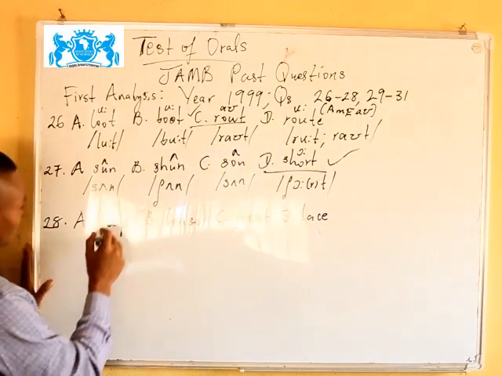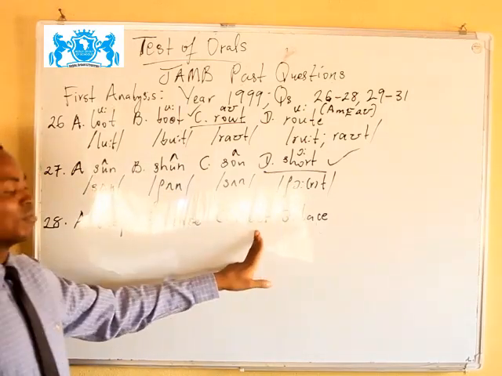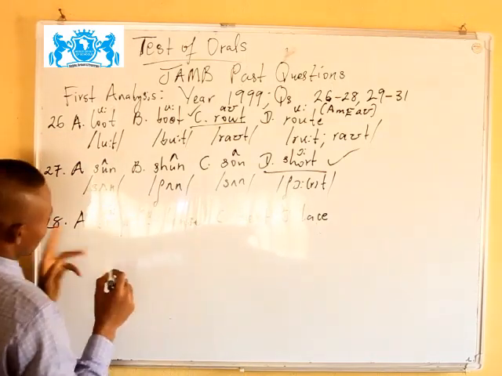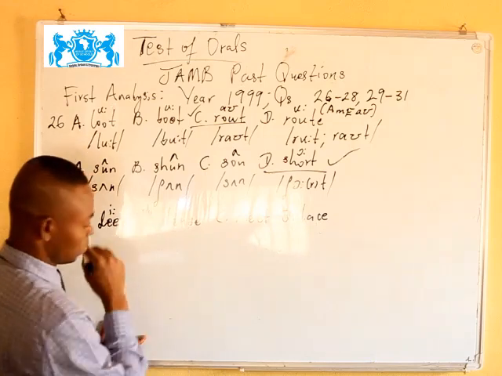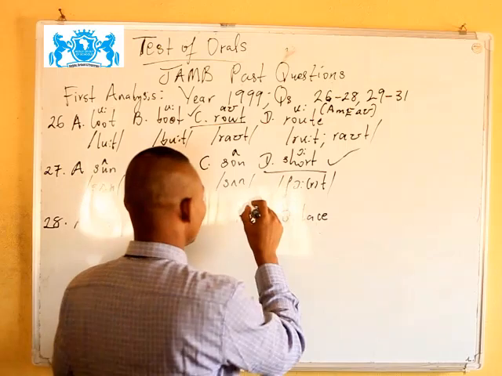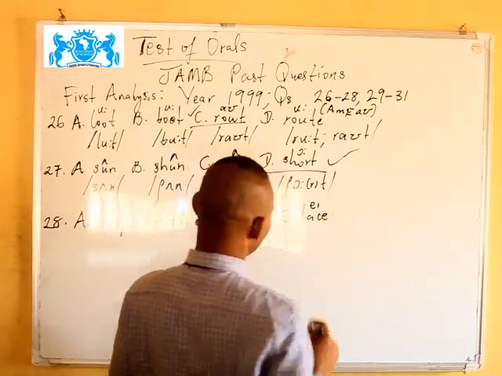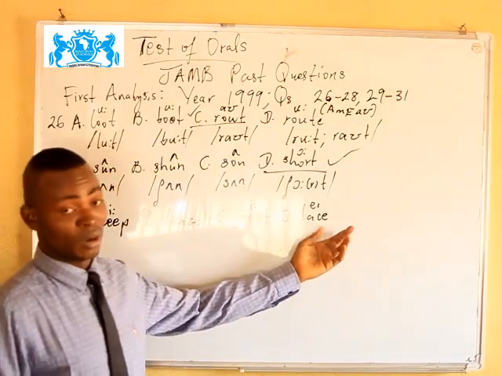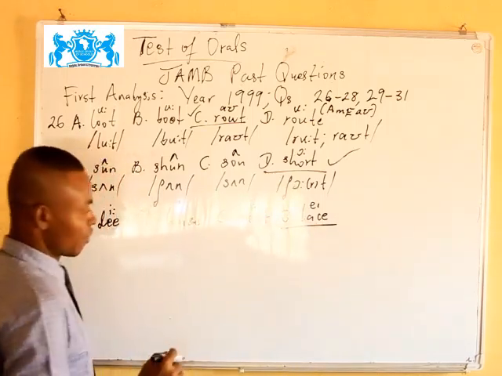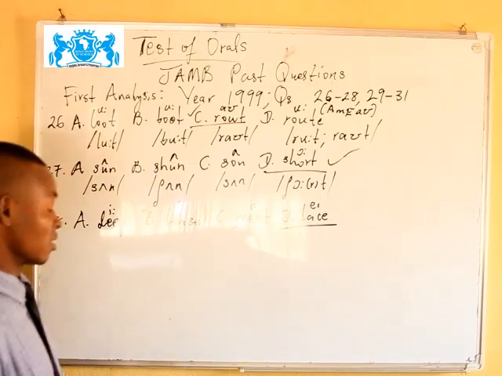If we pronounce, we have deep, we have leaves, we have meats, we have lace. Okay, in the transcriptions here, we have the given long ee sound, and a diphthong, which is a different sound. The only different option is D, and that makes it the answer.